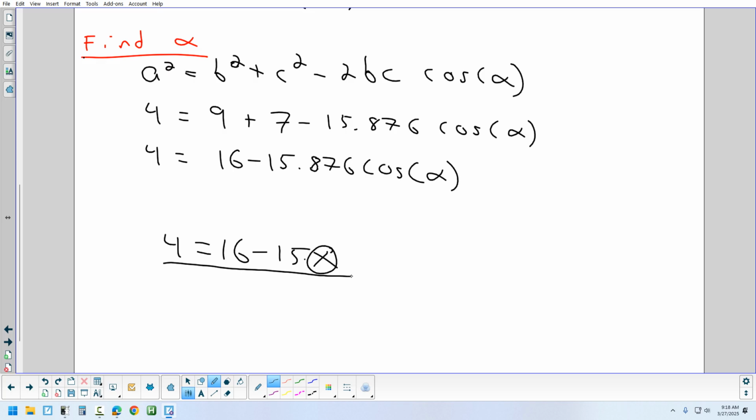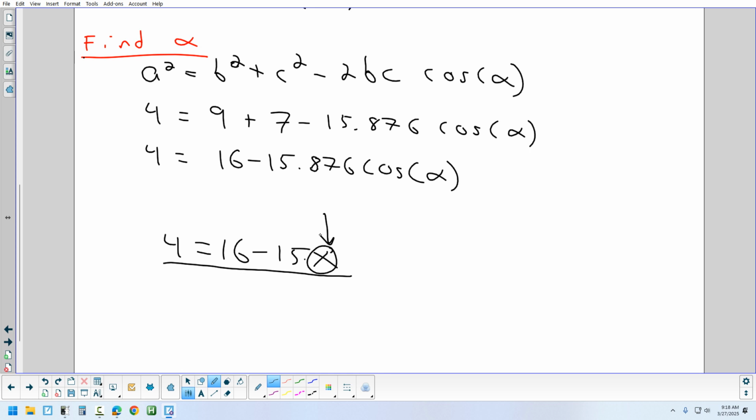Subtract what on both sides? Or is it divide? Well, we're trying to get x by itself, so we got to get rid of the 16 and the negative 15. There's two operations we would have left.